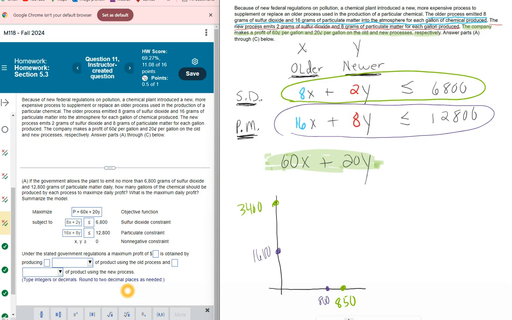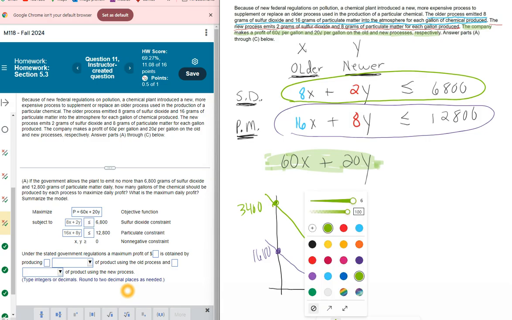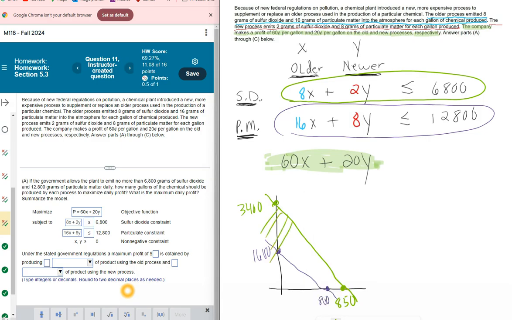Okay, and so the purple line is there, and the green line is there, and they're both less than or equal to. Is 0 less than or equal to 6,800, and 0 less than or equal to 12,800? I'm doing it right.